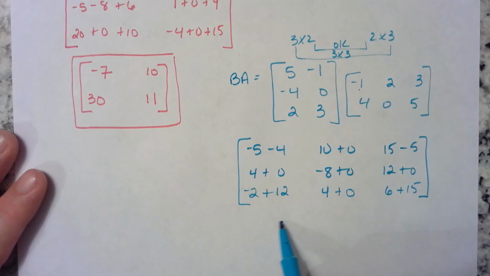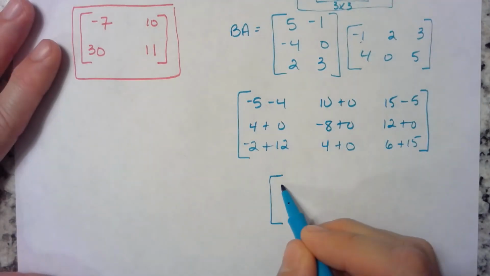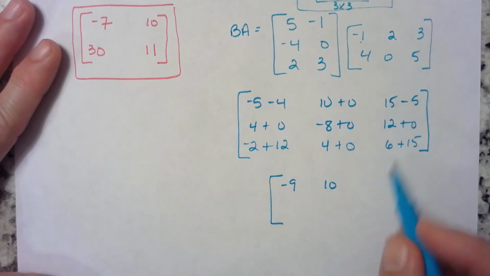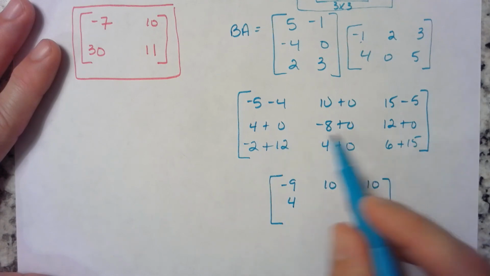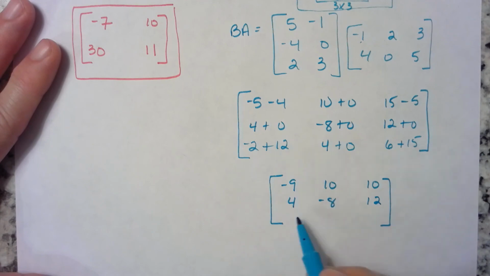Simplify everything. Negative 5 minus 4. 10 plus 0. 15 minus 5. 4 plus 0. Negative 8 plus 0. 12 plus 0. Negative 2 plus 12. 4 plus 0. And 6 plus 15.